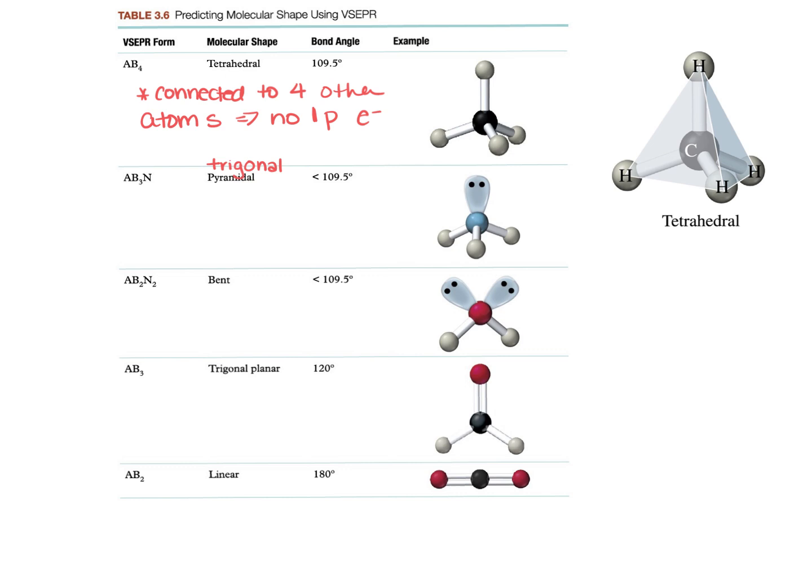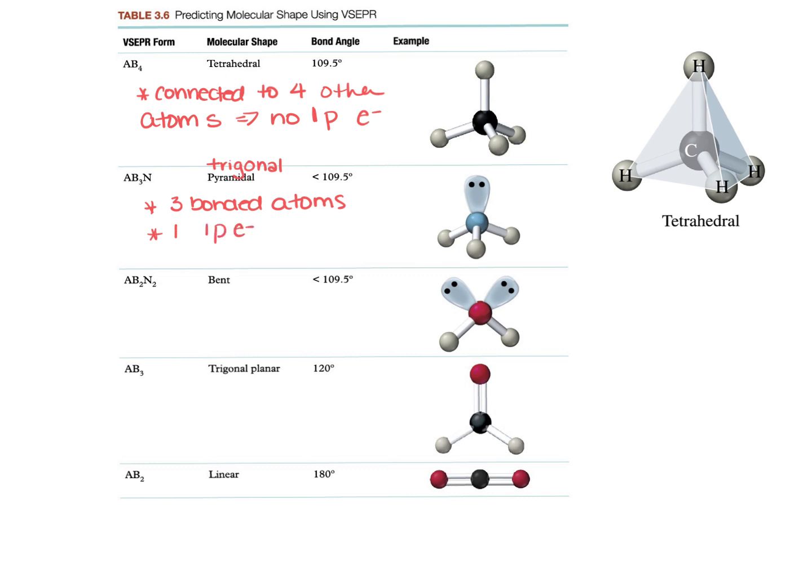When we look at this, what we see, right, is that we've got these lone pair electrons here, and they are going to take up space. And then we see 3 bonded atoms. So we have trigonal pyramidal. We are going to have 3 bonded atoms and 1 lone pair of electrons.